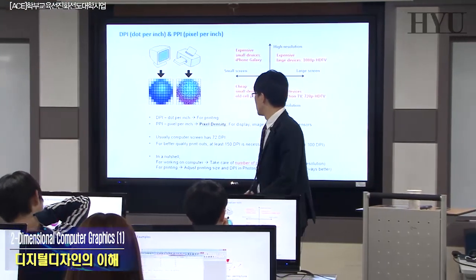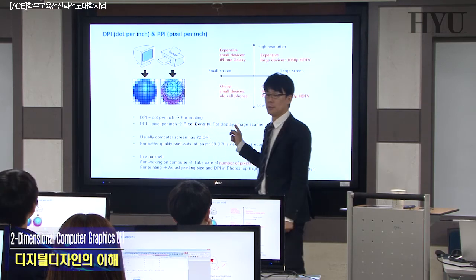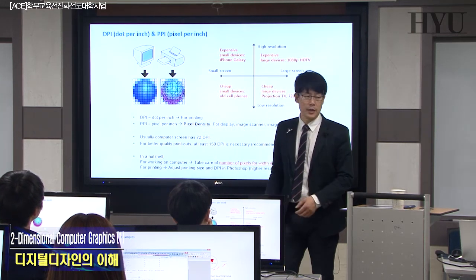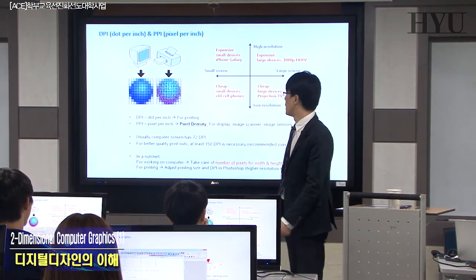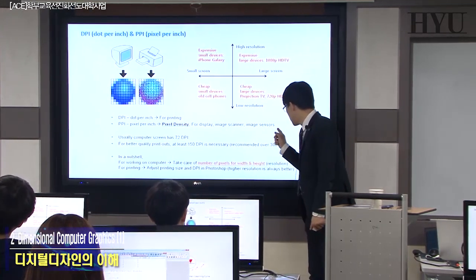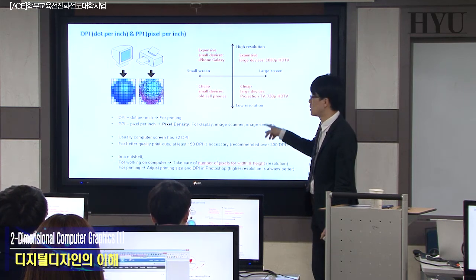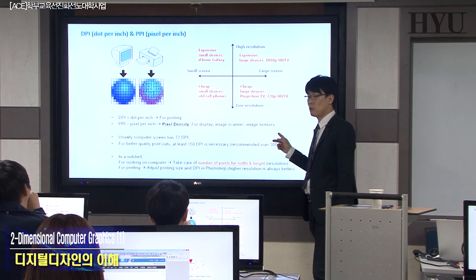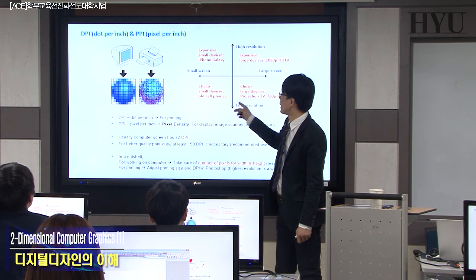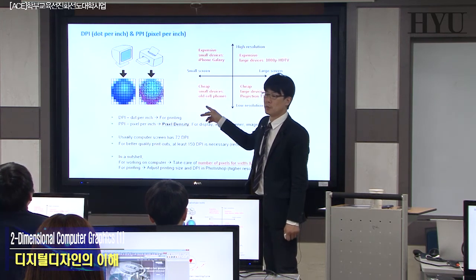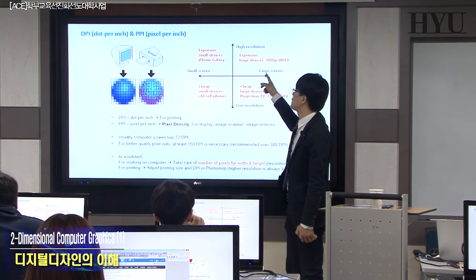That means the size of the pixels is different. You cannot find the pixels whenever you see your computer monitor screen, but you can find pixel points when you see this screen in a certain close-up view, okay? Usually low resolution and small screen is very cheap, but the very expensive one is here, really high resolution and large screen.